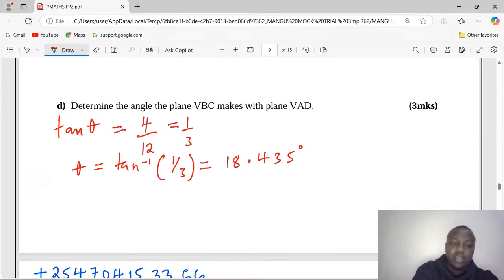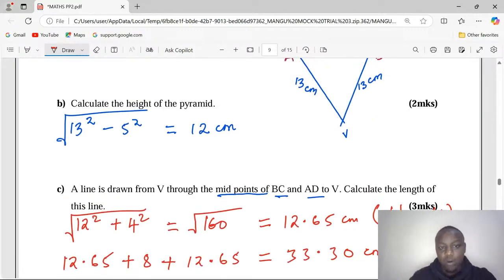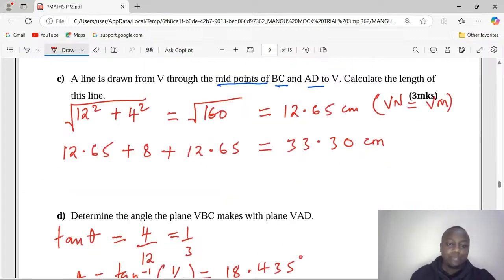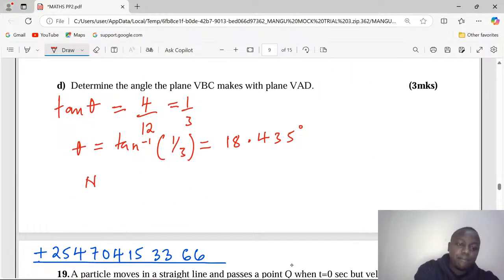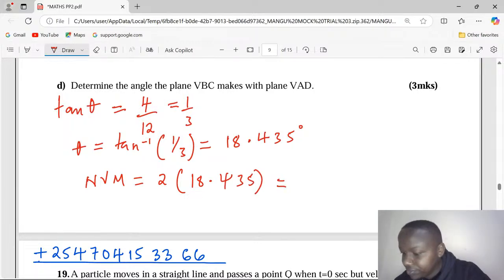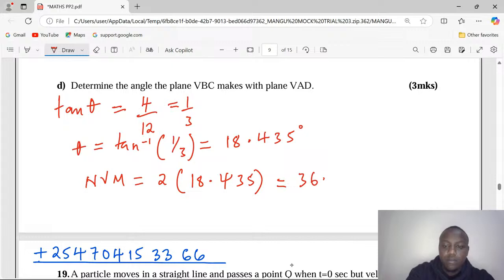18.435 degrees, which means the bigger angle, the one we are interested in, the angle NVM, is going to be 2 multiplied by 18.435, and this is going to be 36.87 degrees to 4 significant figures.